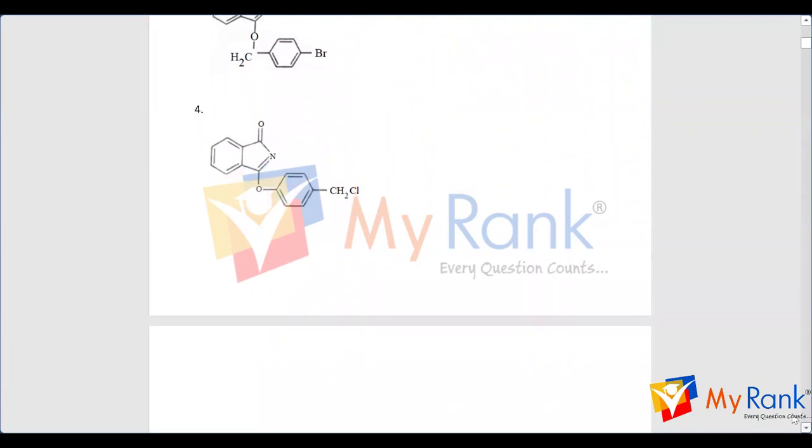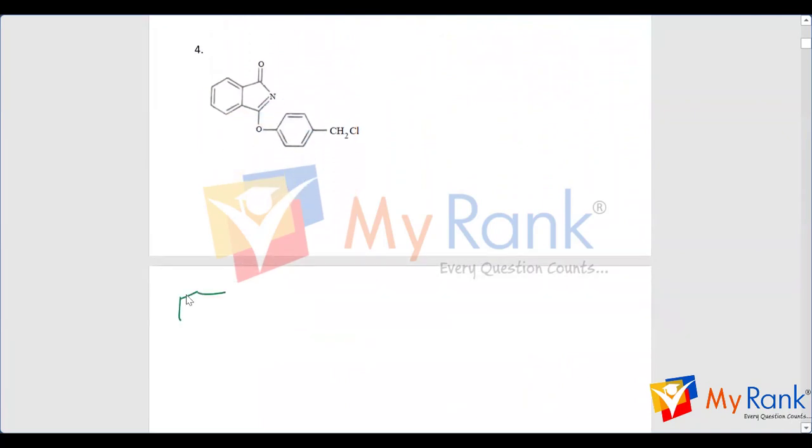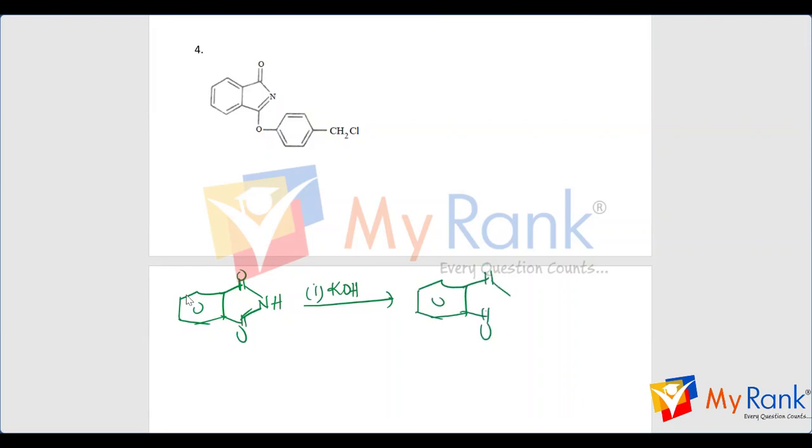Phthalimide, with C double bond O, here this is N, here the H. When reacted with KOH, in the first step the potassium phthalimide is formed, C double bond O, and N minus K plus. This is potassium phthalimide.